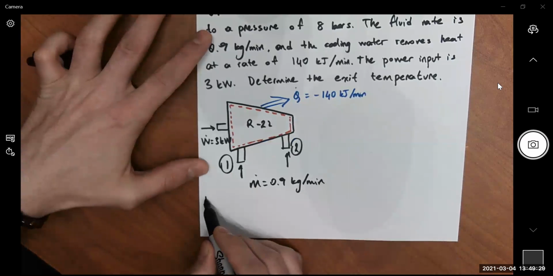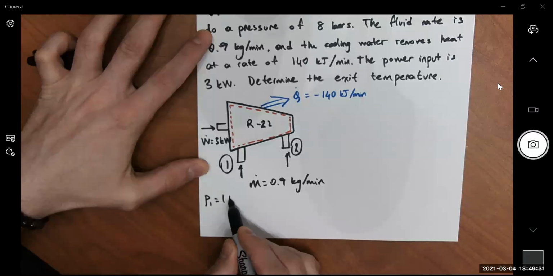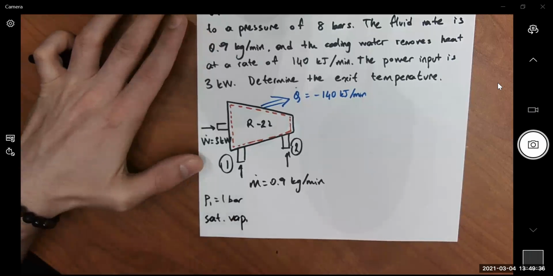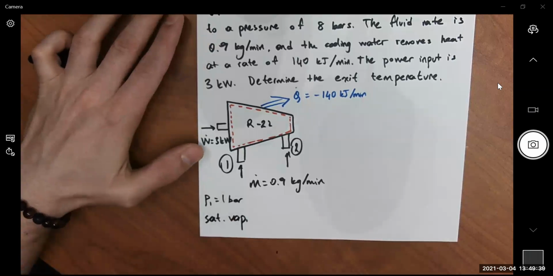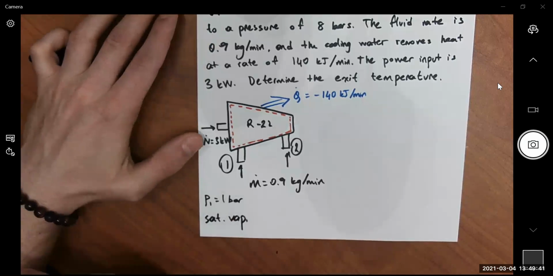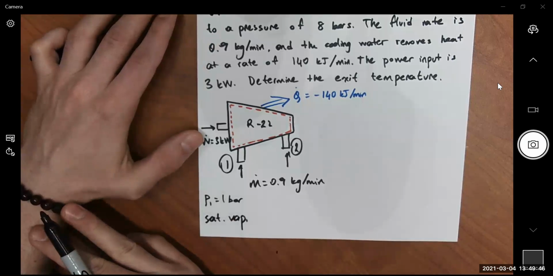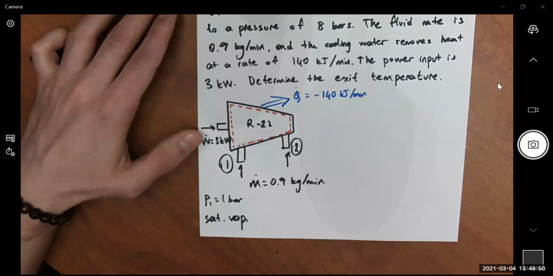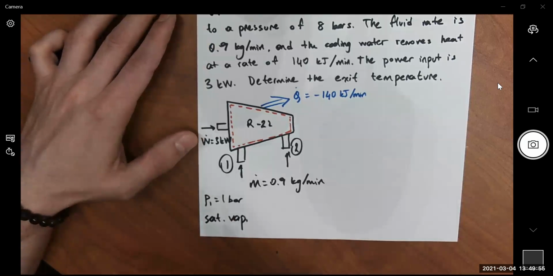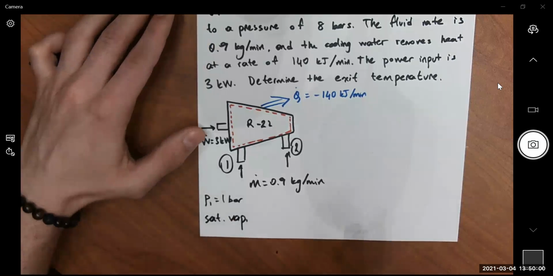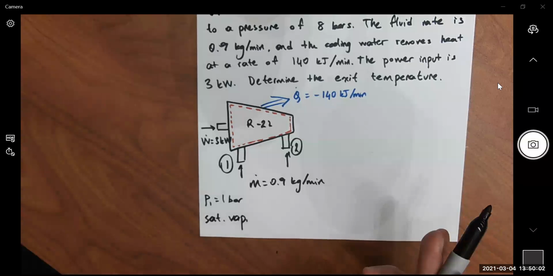Inlet pressure is 1 bar. And it's saturated vapor, correct? So where is it on a PV diagram? Where is saturated vapor? On the right line, correct? On this side for you. Okay, so it's on the line, not outside, not inside, on the line.